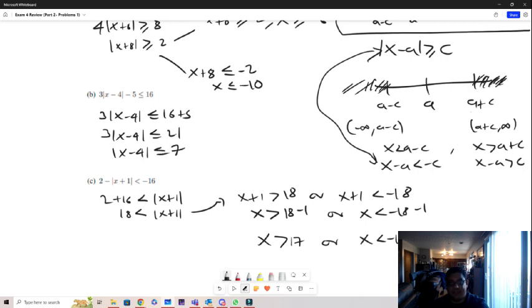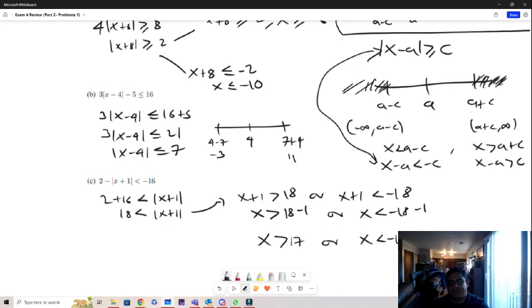But again, we've got to think of this as the notion of distance. So what is the meaning that the distance to 4 is 7? From 4, we move 7 here. So 4 plus 7, and we move 4 minus 7. So what are these points really? This is 11, and this is minus 3.